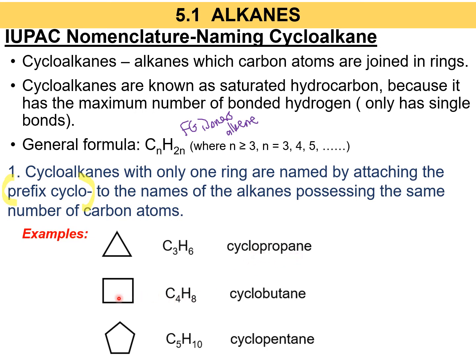If this has 4 carbon atoms, for alkane you would name 4 carbon atoms butane, but because it is a cyclic structure, it is going to be cyclobutane. Same goes to this one. It has 5 carbon atoms, and the alkane name is pentane. But because it is a cyclic structure, you have to put the prefix cyclo in front, so it's going to be cyclopentane. Cyclo must be attached closely to the parent alkane name.